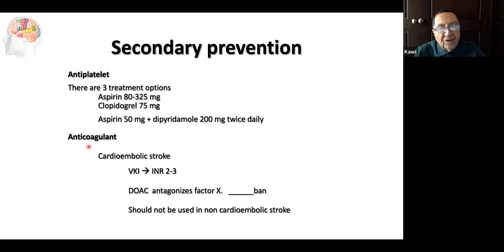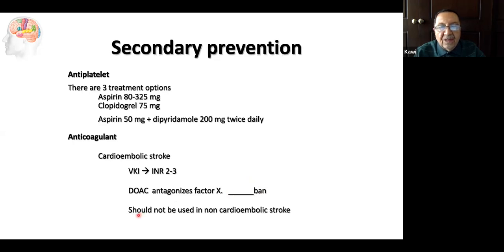If there is cardioembolism and there is a tendency to form clots within the heart, within the atria, then we either give vitamin K inhibitors and maintain INR between 2 and 3. If the patient cannot take the vitamin K inhibitor or he is not reliable for follow-up, we can give the direct oral anticoagulants which antagonize factor 10, and most of these, the name ends with ban, such as rivaroxaban, apixaban, and so on.